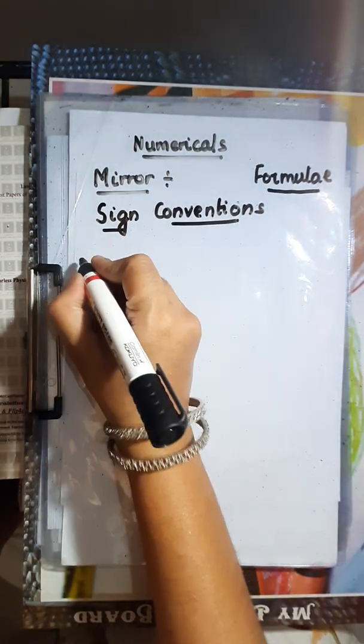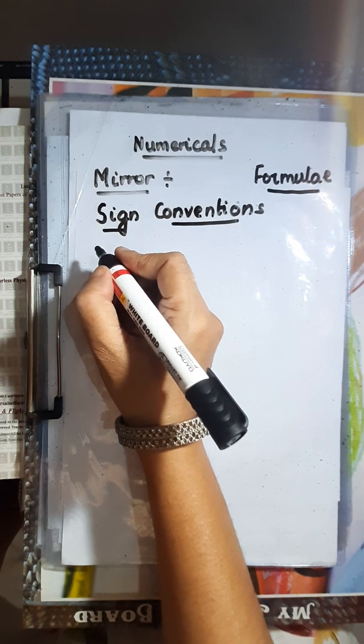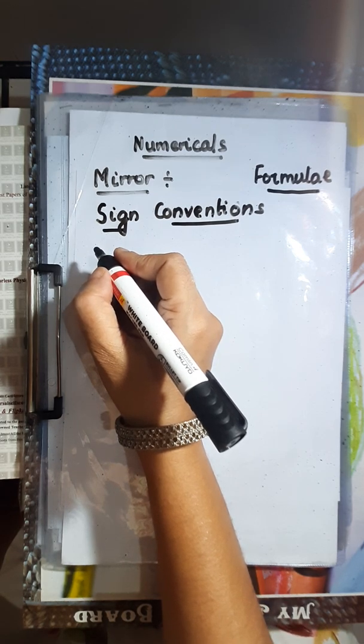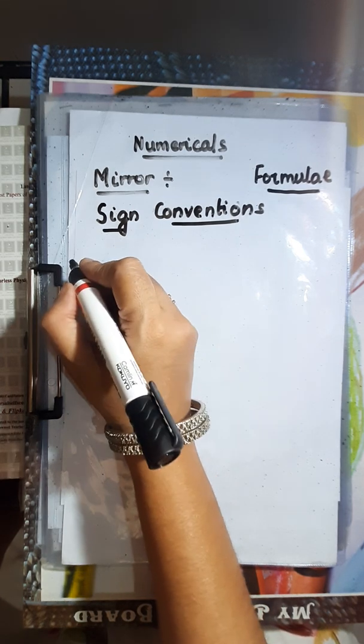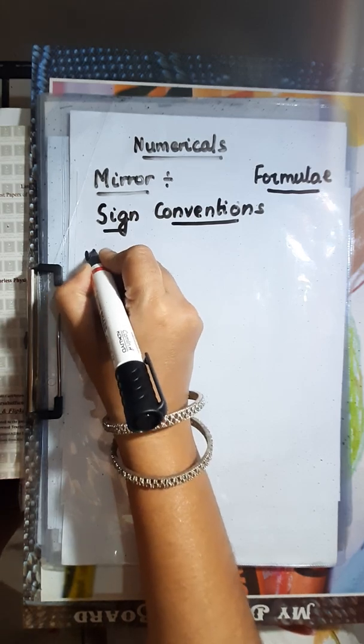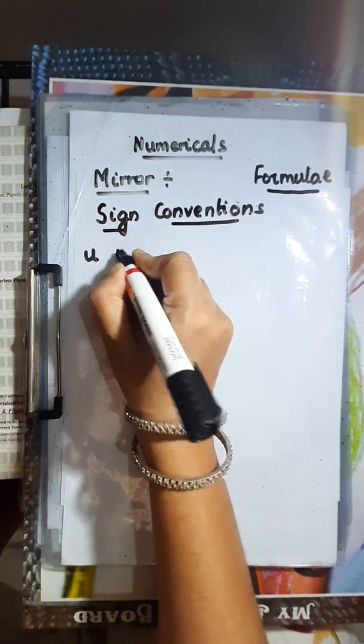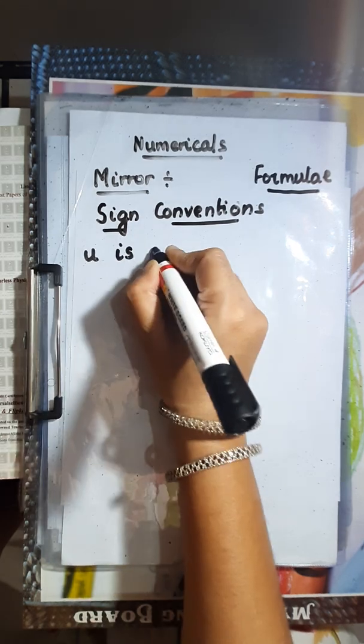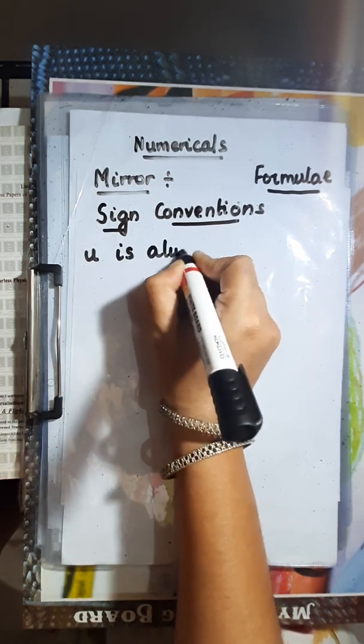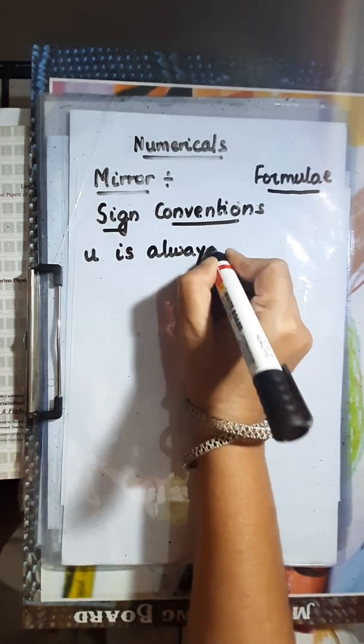Now always remember, where is the object? The object is always placed on the left hand side. So because it is on the left hand side, u is always negative.